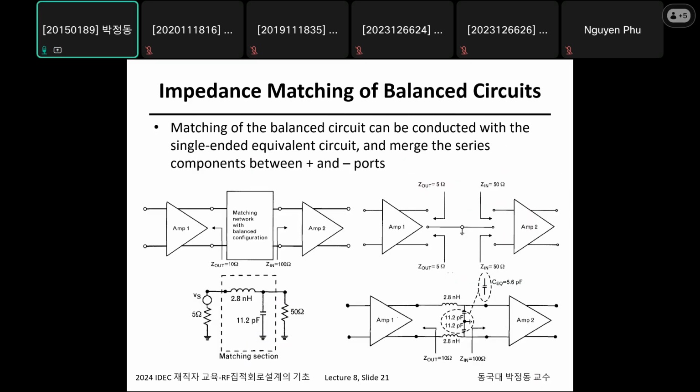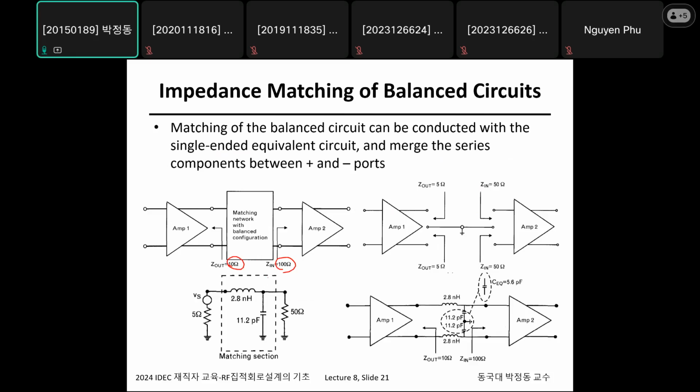So okay, now take a look at the impedance matching of balanced circuit. So let's assume we want to achieve matching between two amplifiers. In this case, G out is 10 ohm and G in is 100 ohm in differential form.